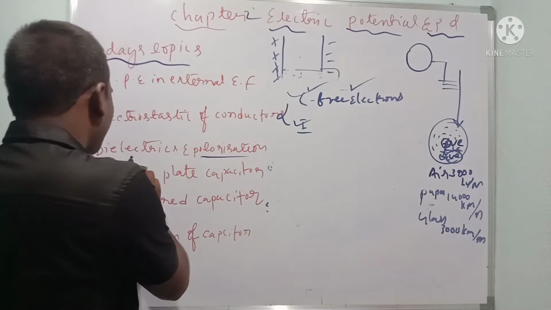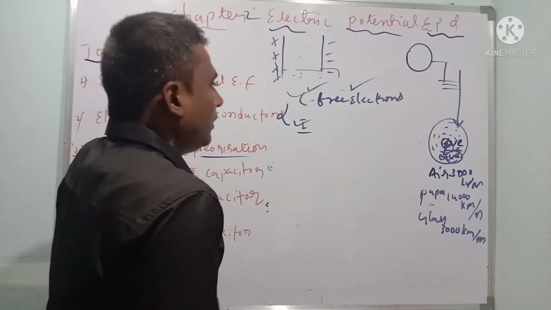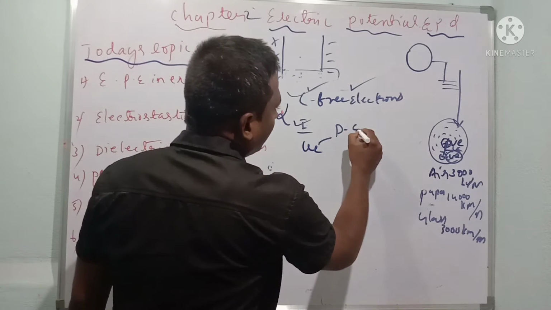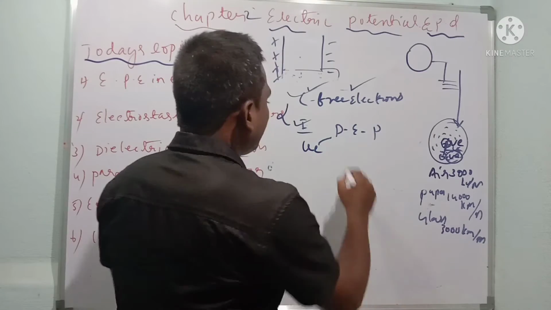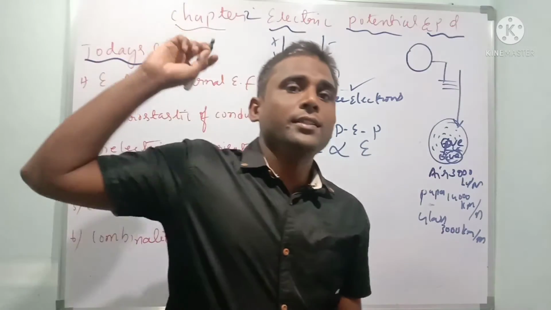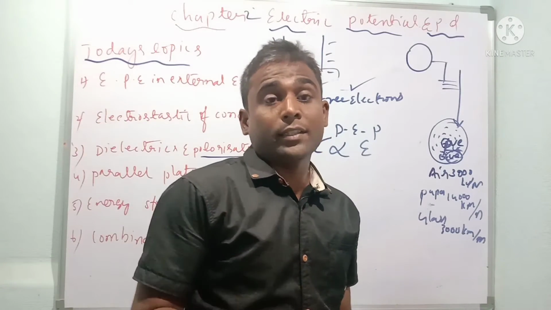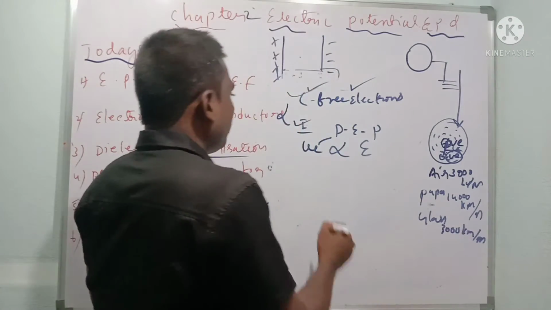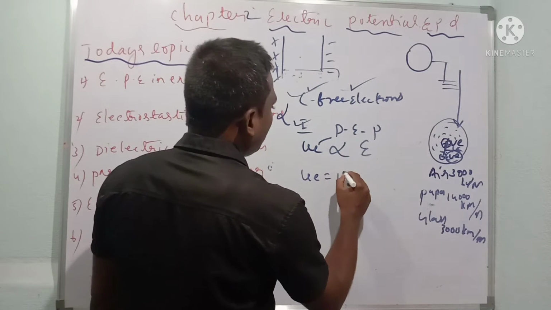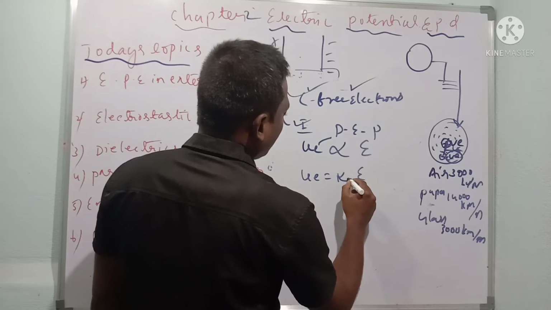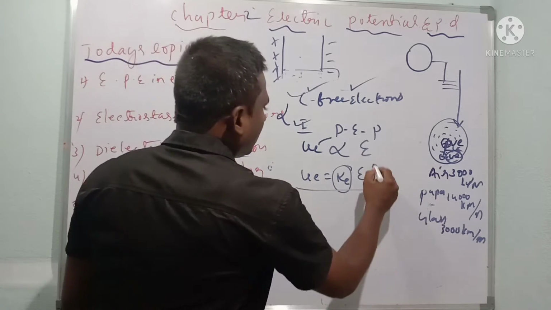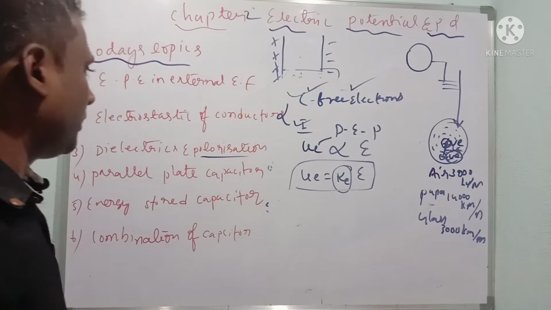That is called dielectric polarization, which is given by the symbol mu. It is directly proportional to the electric field. If you increase the electric field, the dielectric polarization will increase; decrease it, and it decreases. Now if I remove the proportionality, I get a constant term: mu equals K times E, and K is called the polarizability constant.